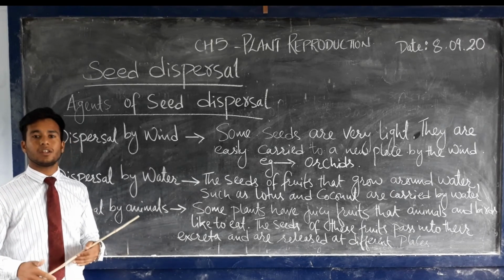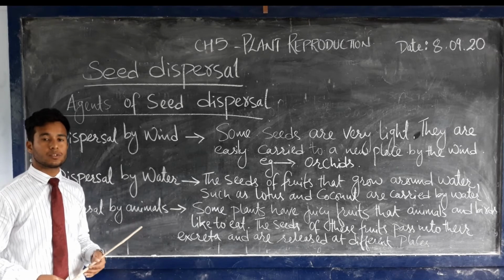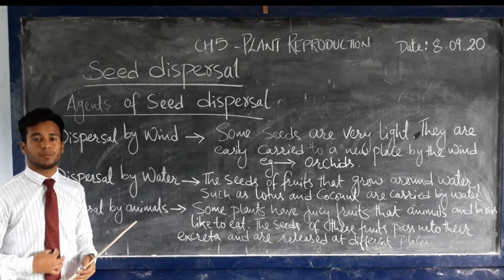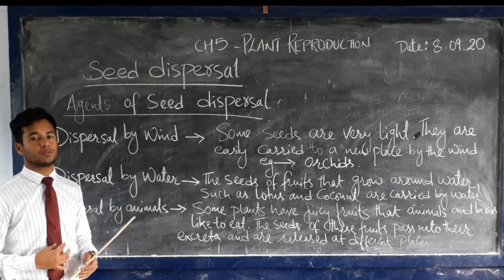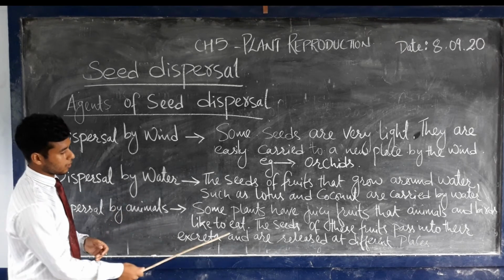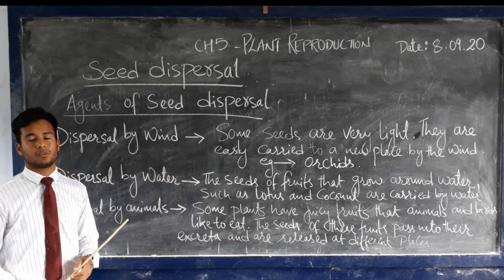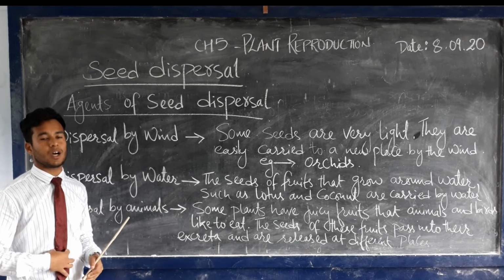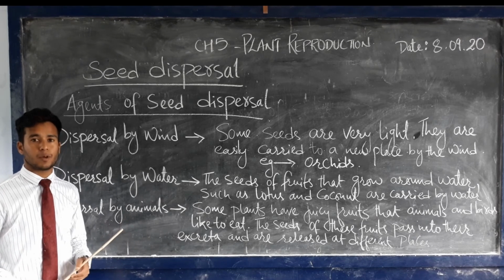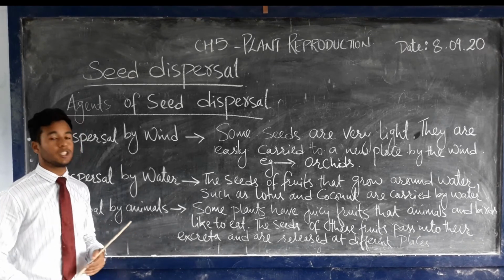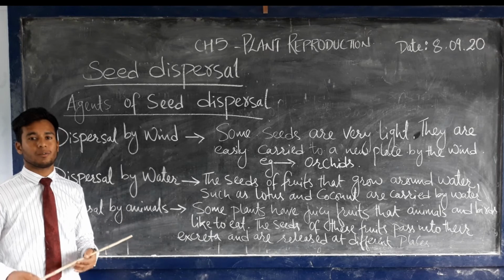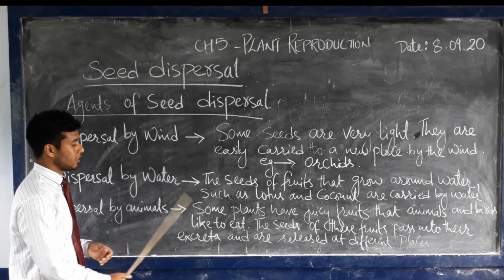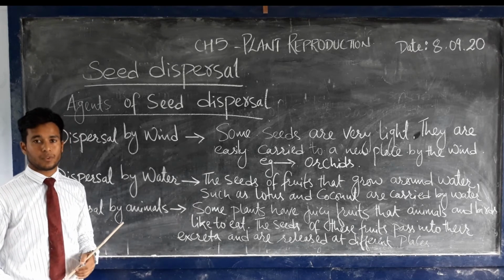So when they take these fruits, after eating, the seeds also will be swallowed and these will come out through excreta. And the seeds which are thrown away as excreta from the body of animals will grow in the particular area where the animals have left their excreta.